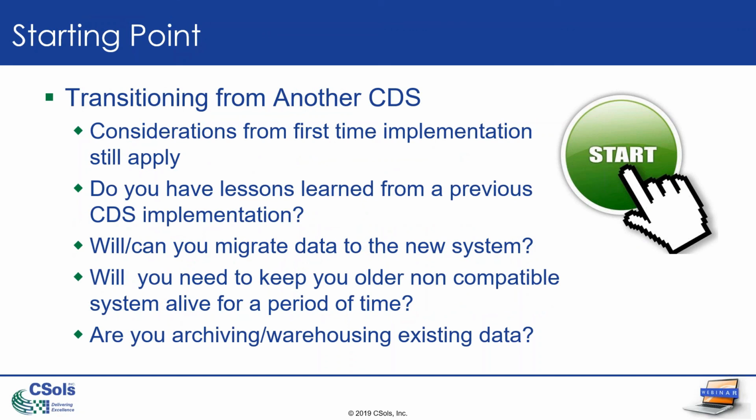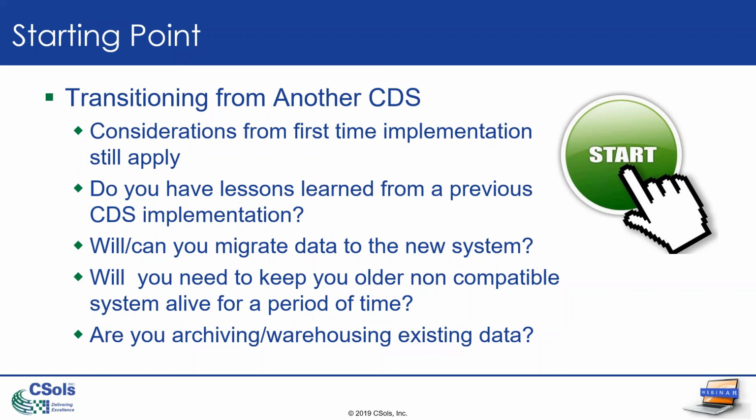So let's say you're looking at the other starting point of transitioning from another CDS. And you can kind of throw into this the category, or the scenario rather, of going from CDS system A to system B, or going from CDS system A.1 to A.2, right? In both of those cases, you're transitioning.